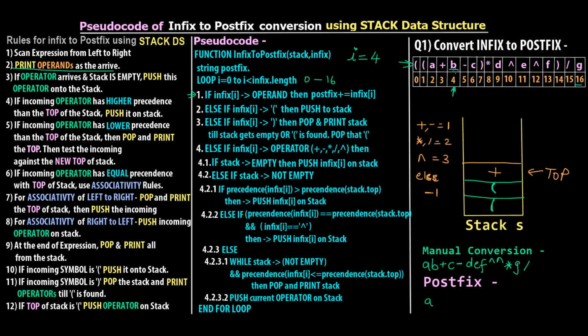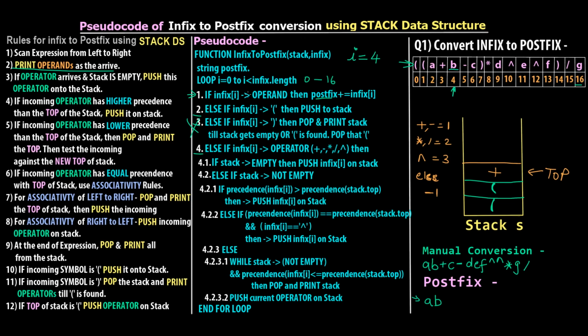So B will be appended to the postfix expression. Currently the postfix expression only has A. So we will attach B over here. That is because postfix plus equal to of infix of I, which means current postfix value plus this newly added character of infix of I, which is B. So that will be attached over here. Okay. Since point number 1 is executed of the pseudocode, point number 2, 3 and 4 will not be executed.